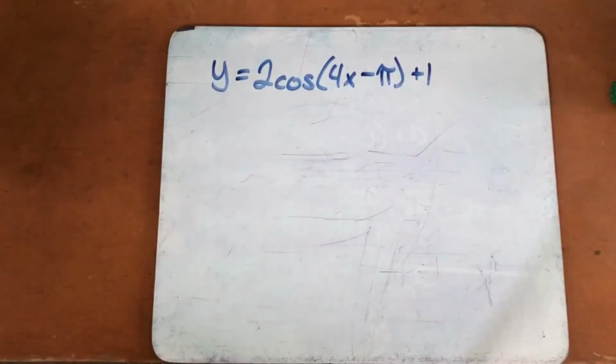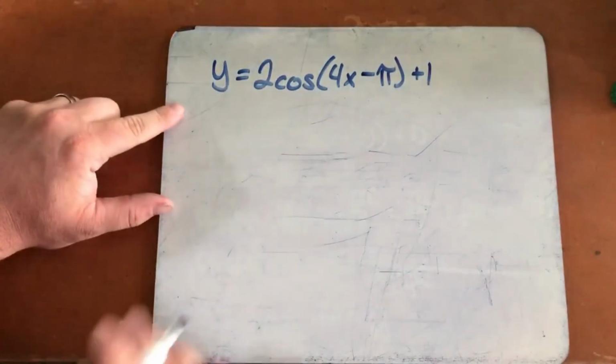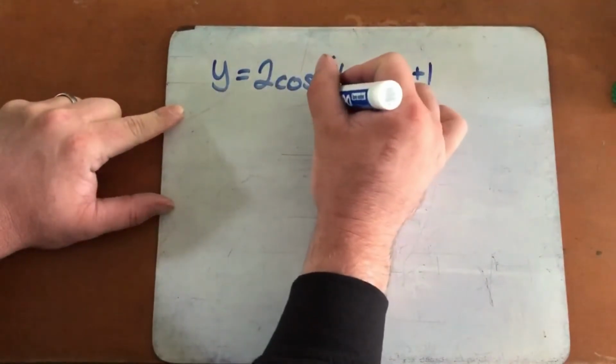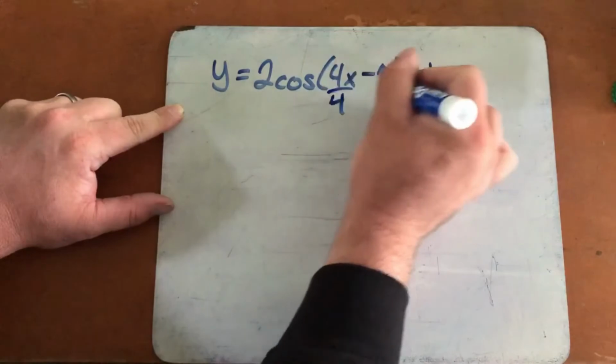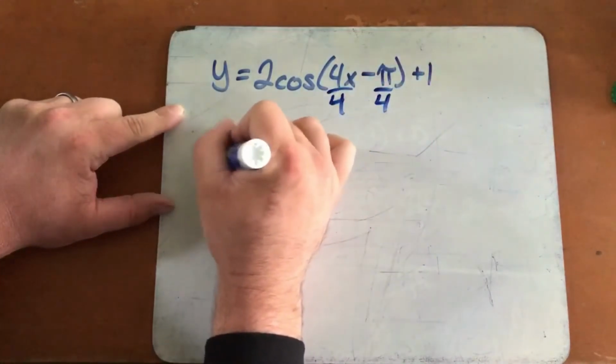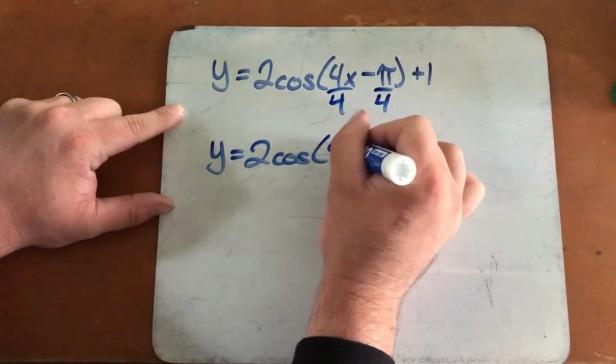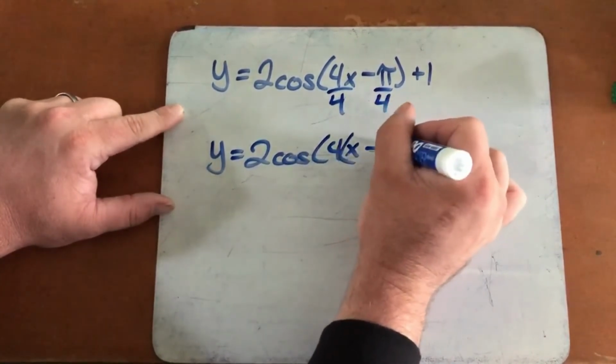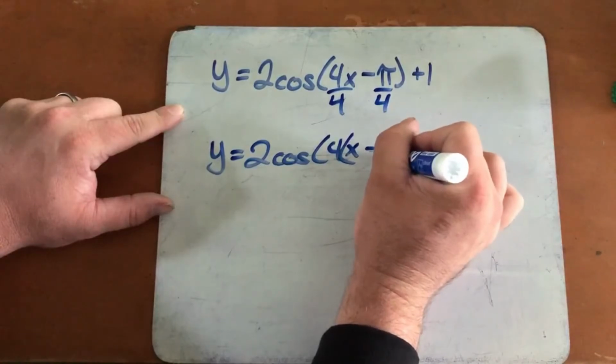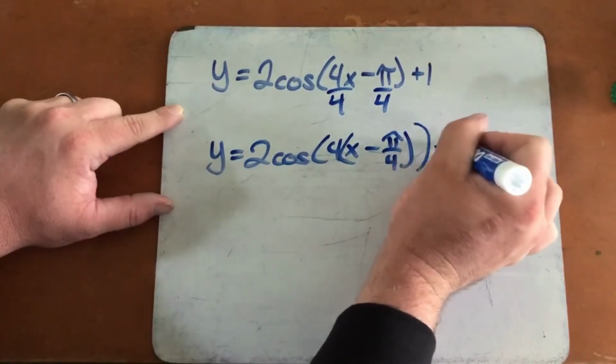For these last two, I'm going to go a little bit quicker and just set it up. I need to rewrite this, factor out a 4. I get y equals 2 cosine of 4 parentheses x minus pi over 4 plus 1.